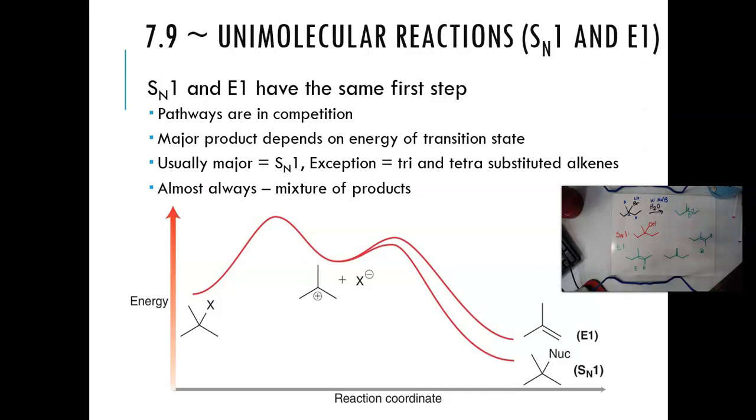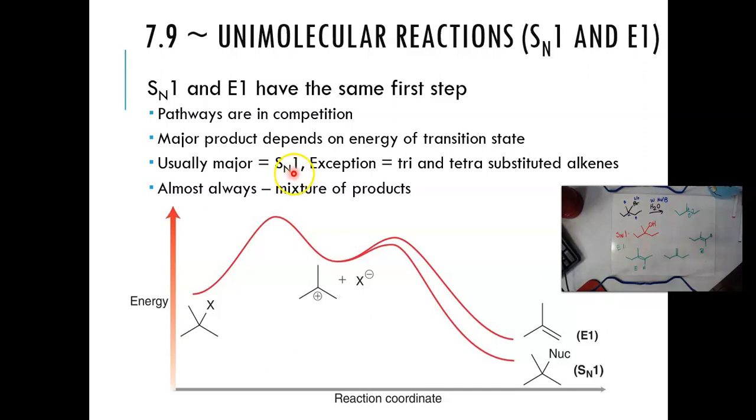And so the major product is going to depend on the transition state. So we're talking about this transition state right here, because that first step is the same. The first step is to create that carbocation intermediate, and then in that second step, we're either removing a beta hydrogen or doing a nucleophilic attack. So for our transition state, whichever one is lower, that one's going to create a lower energy product. And so for the most part, our major product will be an SN1 product.